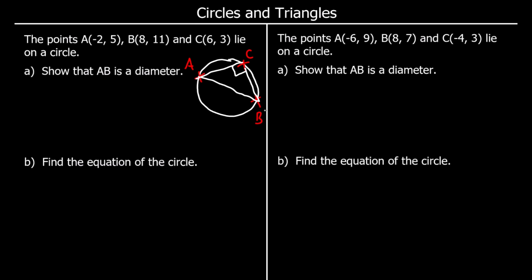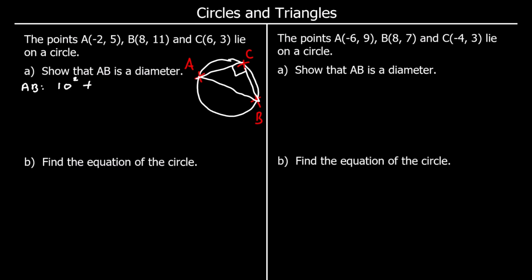Let's use Pythagoras. So we want to work out AC, BC, and AB, working out the lengths. And to work out a length, we use Pythagoras. So if we work out AB, so the length AB, between the x-coordinates, -2 to 8 is 10, so 10 squared.